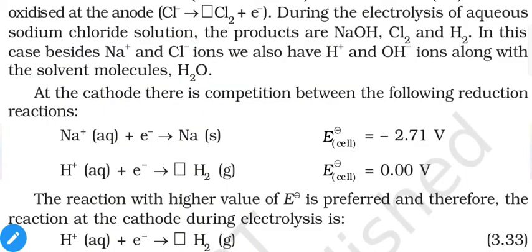As we can see here, for Na+ it is -2.71, and for H+ it is 0, because the standard hydrogen potential is considered as 0. So obviously we have two different values for the reduction, and the higher value will be obtained at the cathode. Higher value from these two is obviously hydrogen.